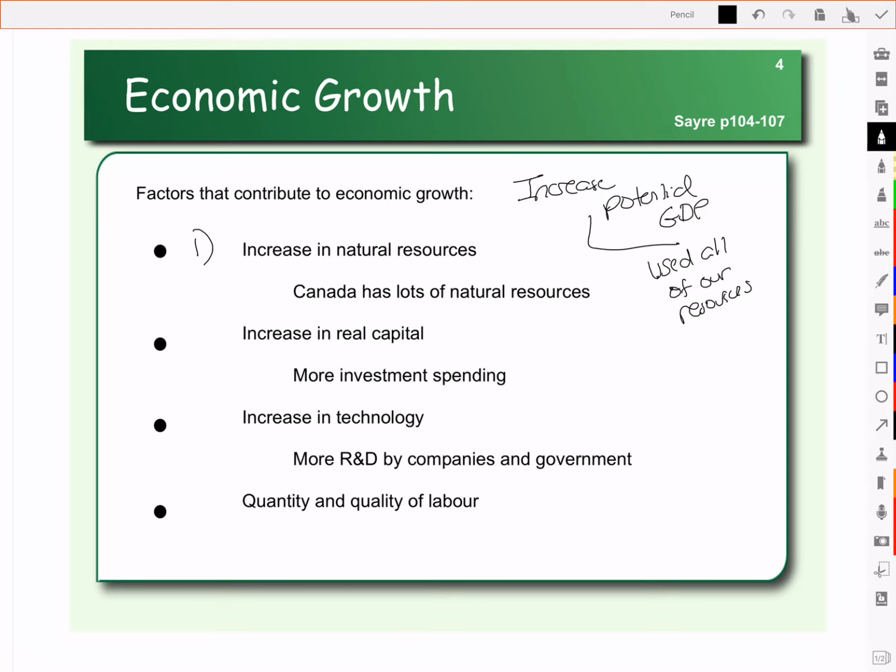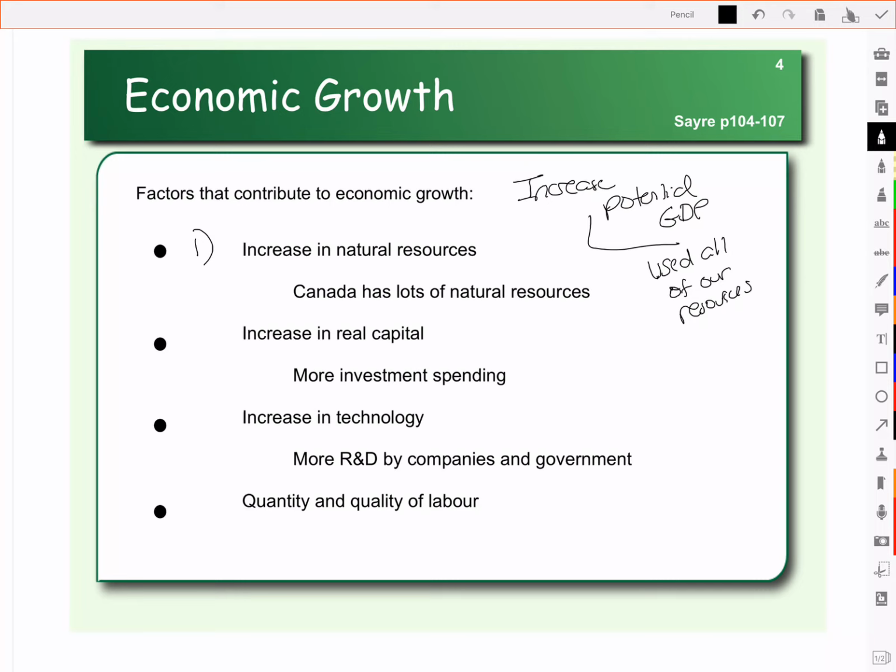1 is you increase your natural resources. So Canada already has lots of natural resources. So we're not seeing tons of economic growth come from there because we already have natural resources. When countries see economic growth from increasing their natural resources, typically they're taking over other countries to get more resources.